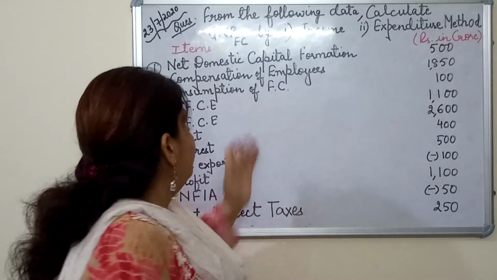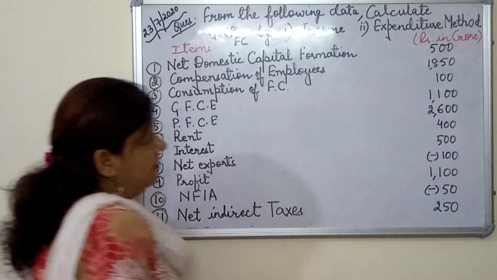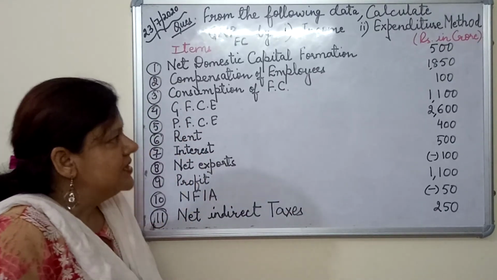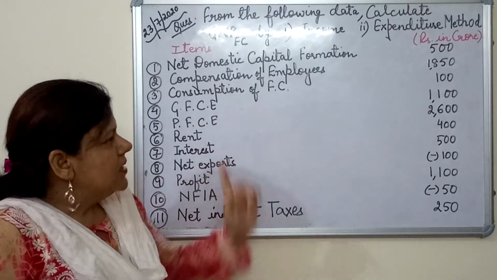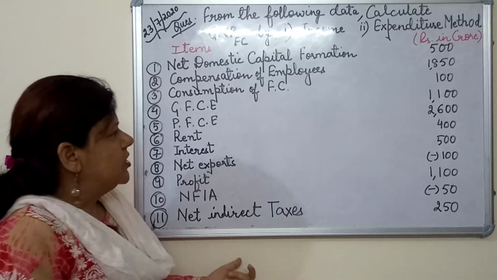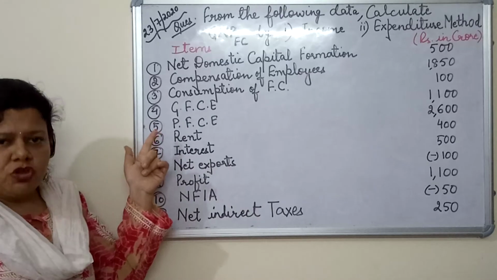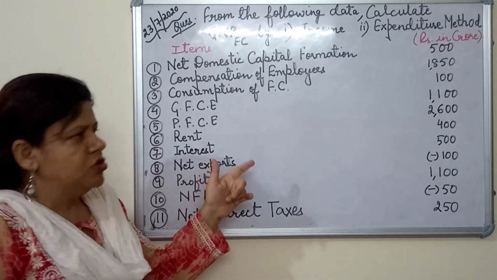Next, net domestic capital formation is 500 crore. Compensation of employees is 1850. Consumption of fixed capital is 100. Government final consumption expenditure is 1100. I have used shortcuts in writing the question; you can write the full question.